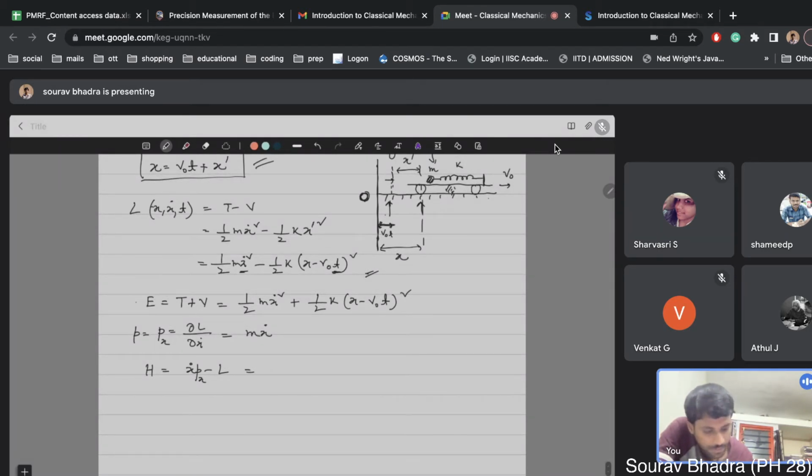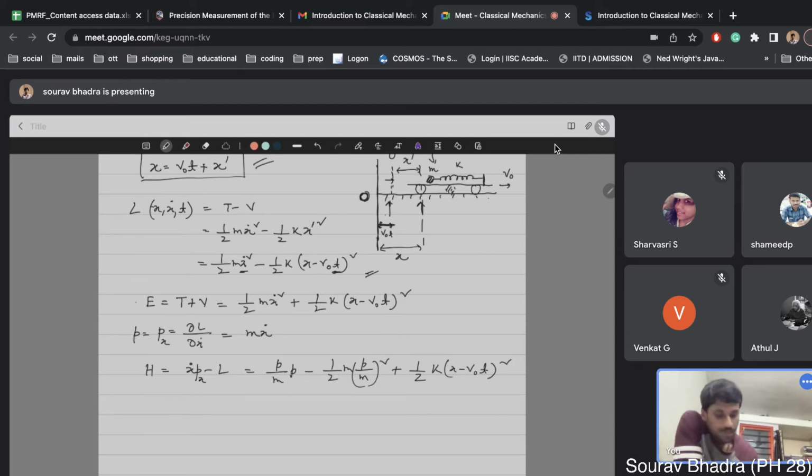Now if we write the Hamiltonian, that is x dot p minus L, because there is no other coordinate, x dot will be substituted by p by m, and p and px are the same, minus the L. So L was half m, if you put that x dot as p by m, square, plus half k x minus v0 t square.